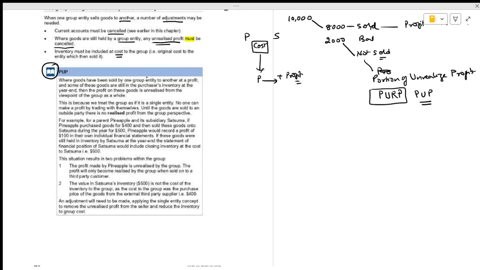Is it okay? So we will need to remove the profit. Yes, exactly. We have to remove the profit. If there is a difficulty, I'm here to tell you that this is the difficult thing.